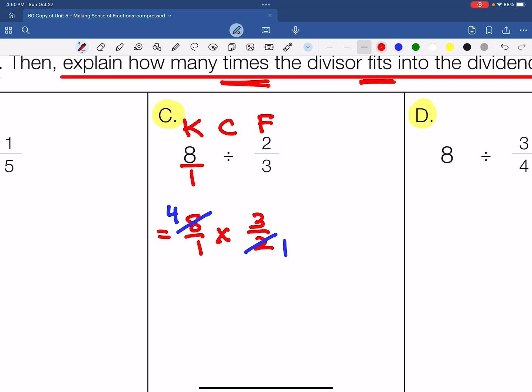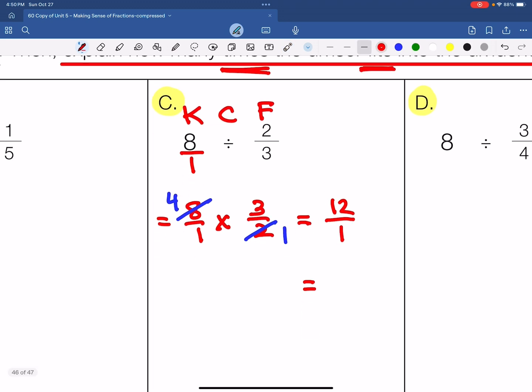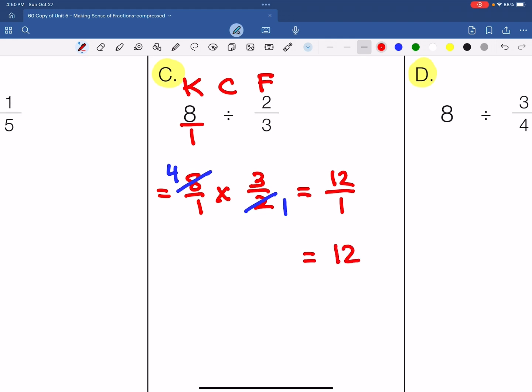Now that we've simplified as much as we can, let's go ahead and multiply. 4 times 3 equals 12. 1 times 1 equals 1. Touch that equal sign before bringing it down. And finally, 12 divided by 1 equals 12. Box your answer.